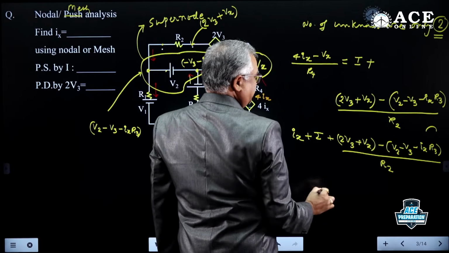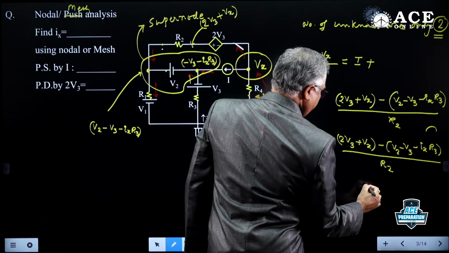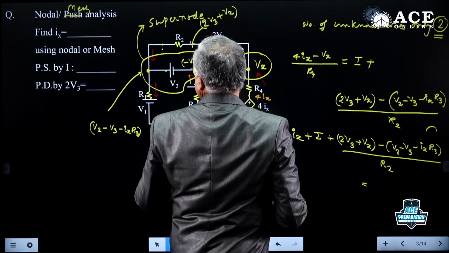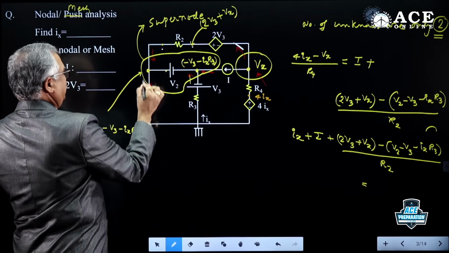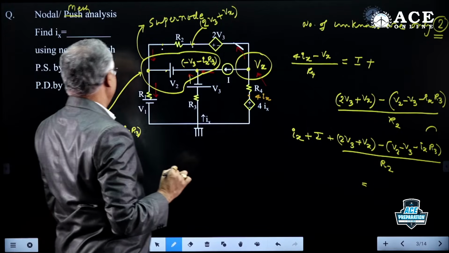These are the three currents entering, is equal to leaving this current. So this current is nothing but this voltage minus V1 by R1.